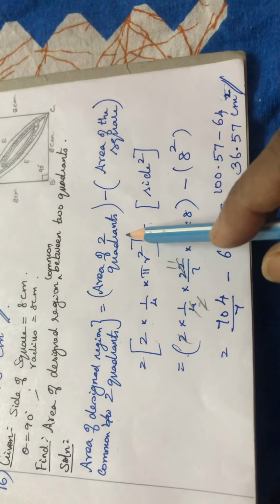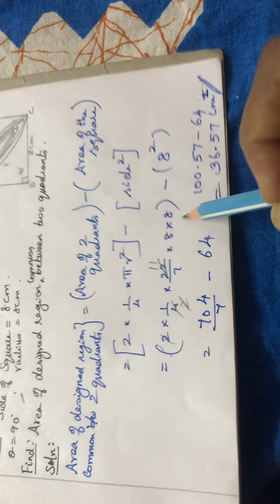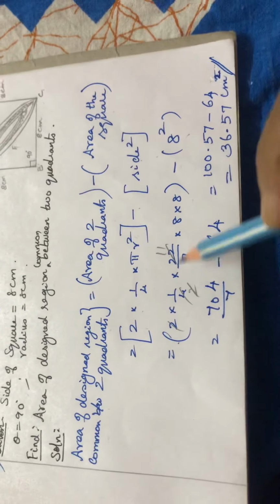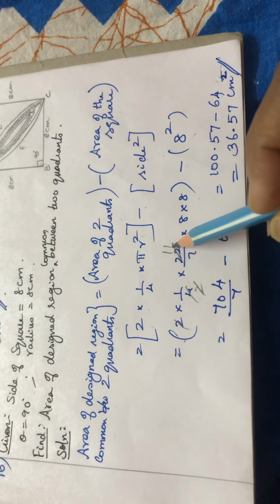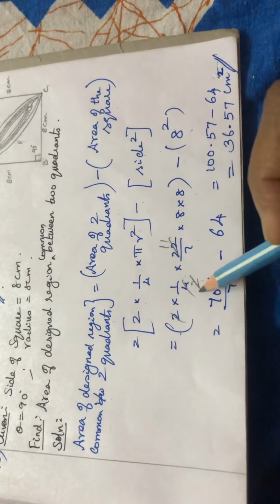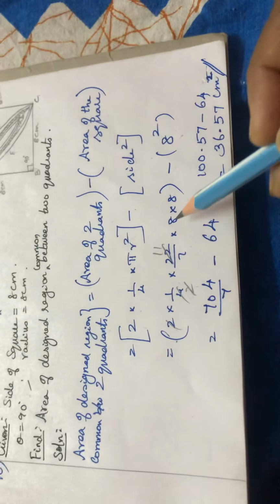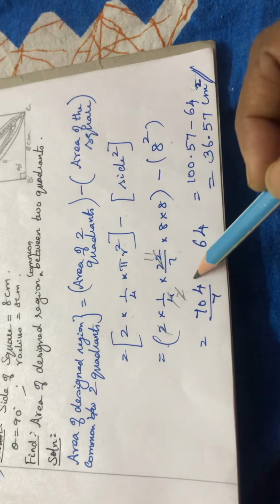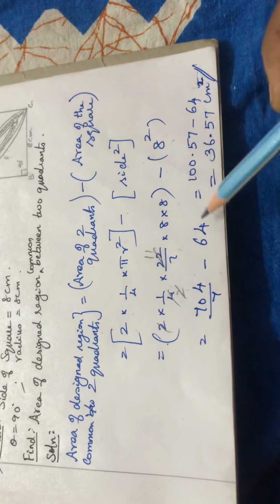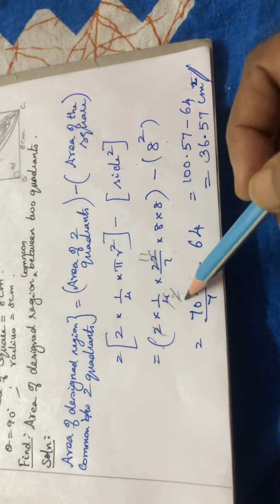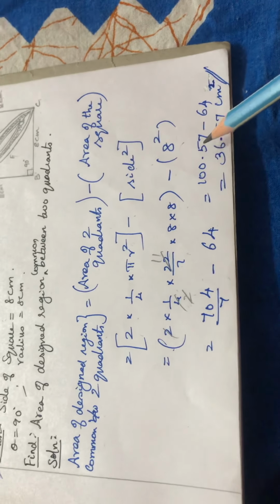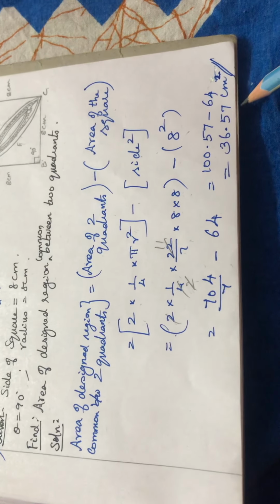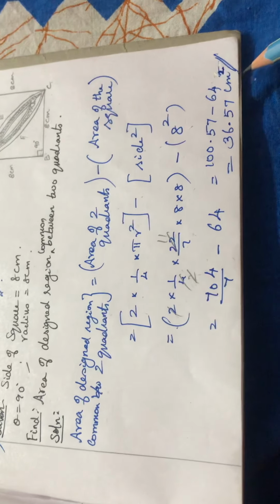For the quadrant the radius is 8, so 8 into 8, minus, for the square, side is 8, so 8 square. Now simplify 4 and 22. I am cancelling: 11 and 2, and this 2 and this 2 I am cancelling. So 11 into 8 by 7. 11 into 8 into 8 is 704 by 7, minus 64. When I divide, I get 100.57 minus 64. When I subtract, I get 36.57 centimeter square.